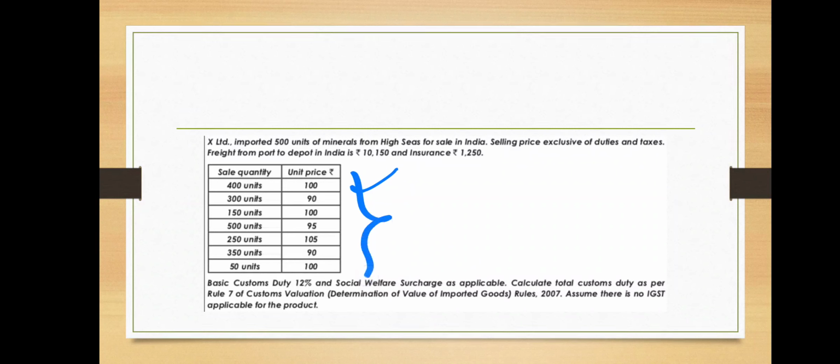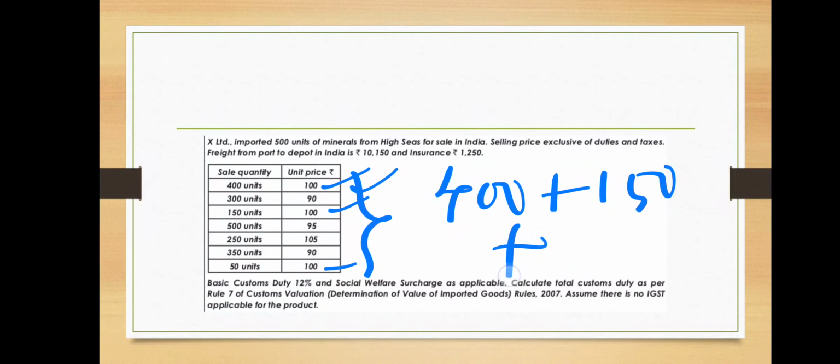By looking at these you can see the similarity. 100 is common for 400 units, 150 units and 50 units. You need to segregate, right? So what will be the total quantity here? 400 plus 150 plus 50. So 400 plus 150 is 550, 550 plus 50 is 600. So for the 100 unit price, total quantity is 600.